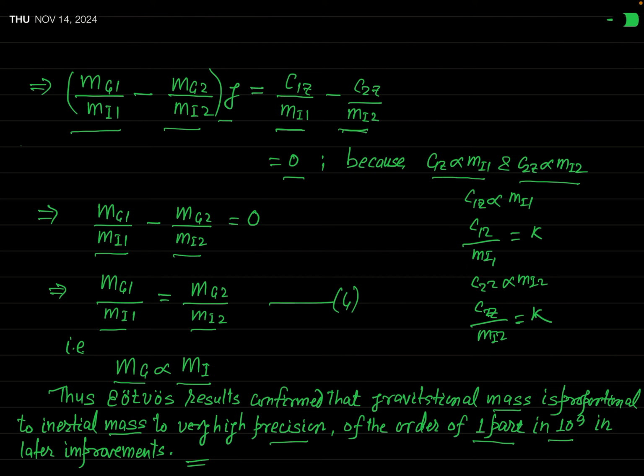As you have seen, this experiment was first performed in 1896, and in 1908, Eotvos himself modified his experiment and performed it with high precision, and it was found that the gravitational mass and the inertial mass of an object are actually equivalent to one another, or plainly you can say that both are equal.